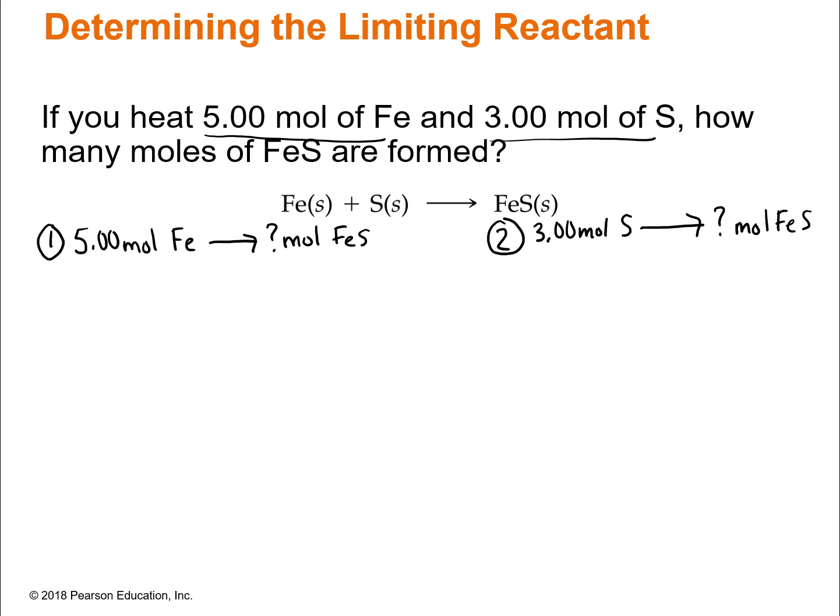So let's answer these 2 questions first. We need a mole ratio. And the mole ratio is still going to be B over A. So what is our mole ratio going to be if we're trying to figure out how many moles of iron 2 sulfide we'll make from all of this iron?